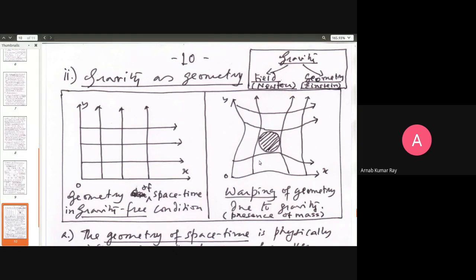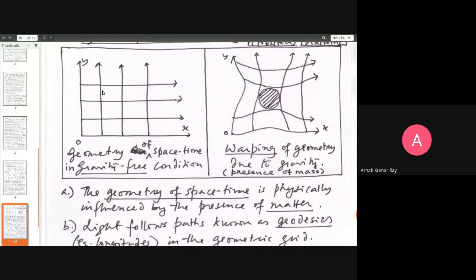So when you place a very massive object in space, it will distort the geometrical structure of space. You would have thought that the geometrical structure of space was just a mathematical abstraction, there in your mind only for the sake of convenience of providing a mathematical description. No. So if there were no massive object in this space, let us see, you have x, y. If there were no massive object in this two-dimensional space that we have, the geometry of space-time will be flat like this, straight parallel lines like this.